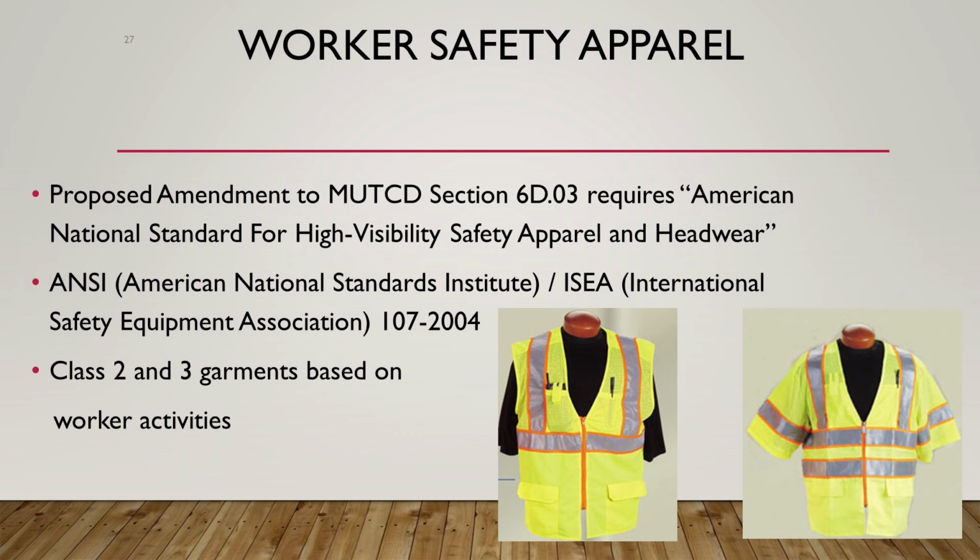They make all kinds of high visibility apparel. Of course, the Class 2 vest is missing the sleeves and missing a certain amount of area of the retroreflective bands. The Class 3 vest, which is the furthest on the right, has sleeves and extra retroreflective material on it. They also make headbands that go on hard hats that help with visibility.